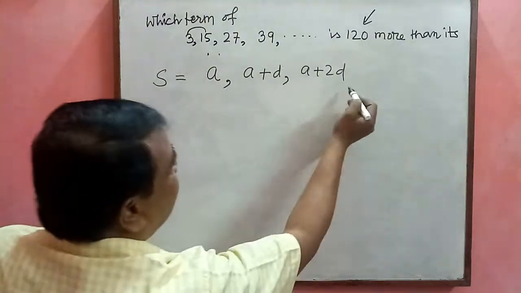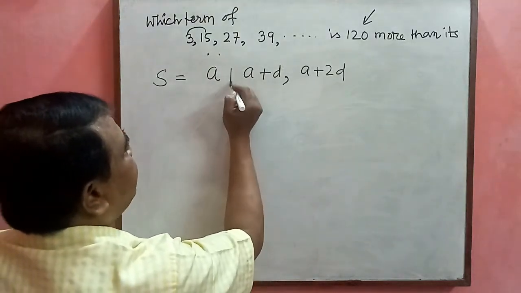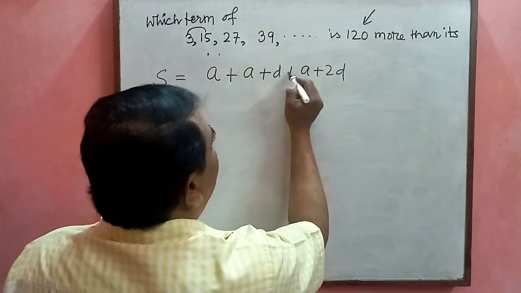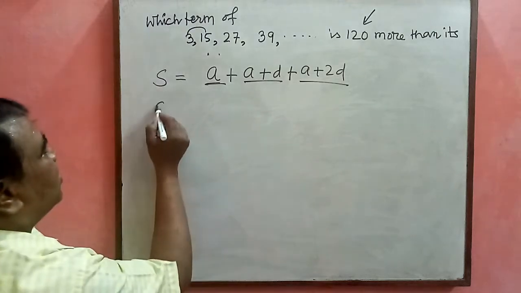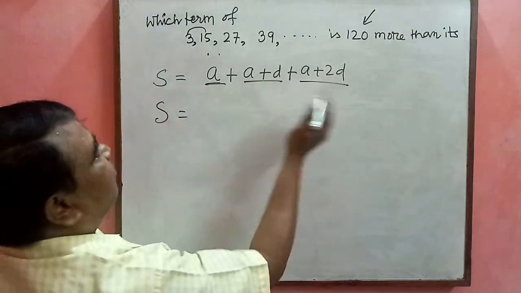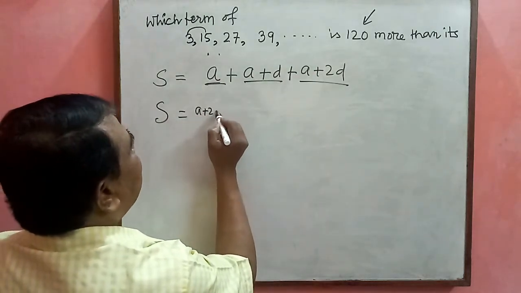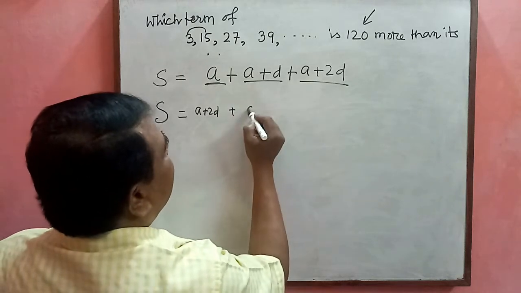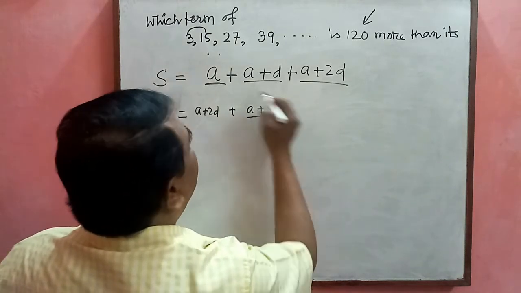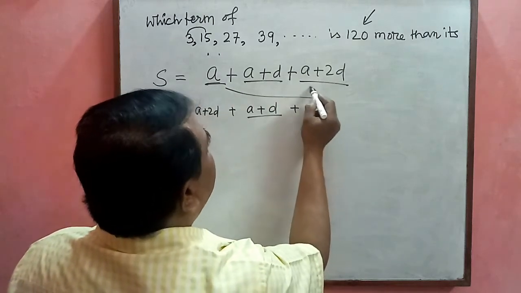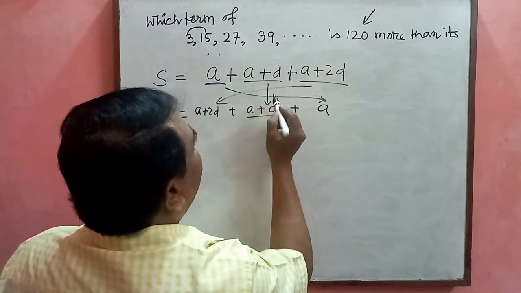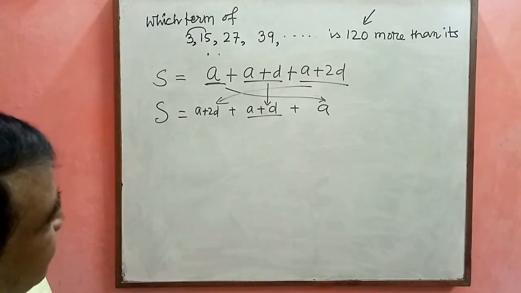Again, if I reverse it, I will add these two. I want to take the sum. This is the first term, this is the second term, this is the third term. S here, just reverse it: A plus 2D, A plus D again, and this A will come here. I am just interchanging this way and the middle one will be as it is.